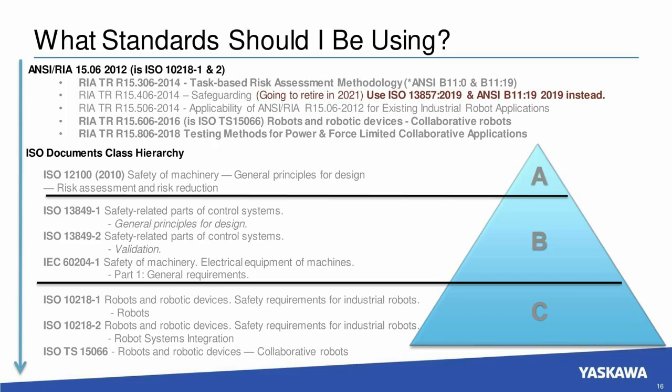Others you may want to consider: if you have the 2012 version of the R15.06, then you have ISO 10218 parts 1 and 2. If you have the R15.606, then you've got TS 15066.